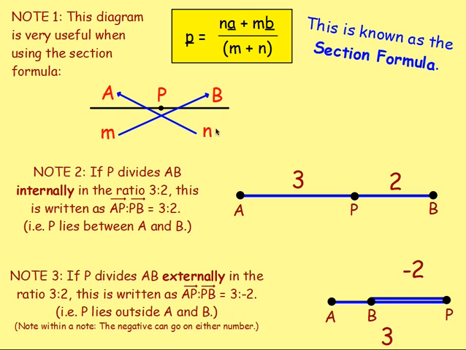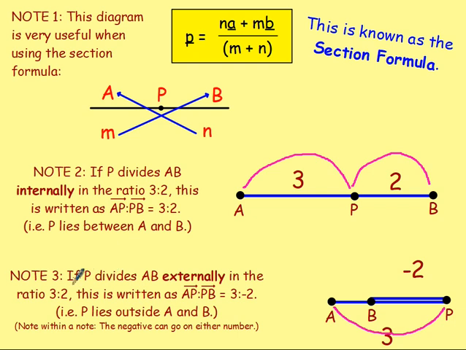There is also a wee bit about dividing a line internally or externally. If a point divides a line internally in the ratio 3 to 2, then it means you're coming over 3 units to get to P, and then 2 units to get to B, and P will lie between A and B. If P divides AB externally in the ratio 3 to 2, then it means to go from A to P, once again, you're going along 3 units, but P does not lie inside AB, it lies outside, it's external.